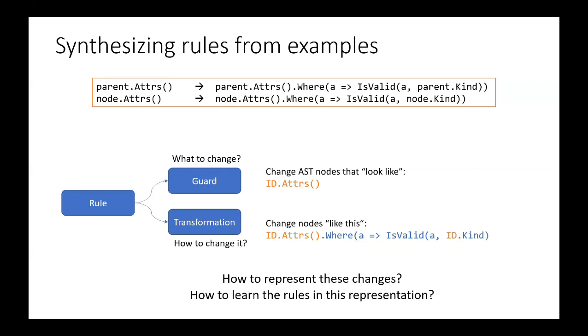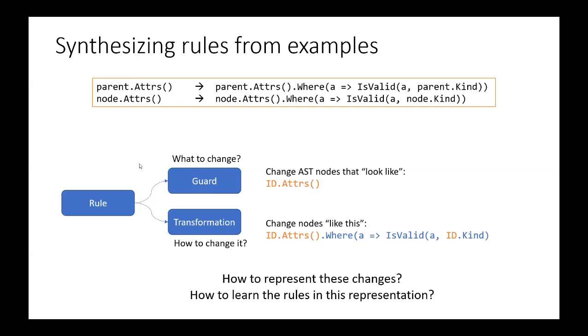So basically what we are doing is, each program Gustavo showed, that is each colored edge, is basically a rule which is composed of a guard and a transformation. The guard tells you what you need to change and the transformation tells you how you need to change it.